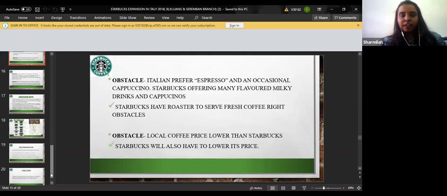So Starbucks has its roaster to serve fresh coffee, and as I explained in my previous slides, they are using these 40-second prepared drinks specifically to attract Italians. Next, as all of us know and as already mentioned by another presenter, Starbucks is more expensive than our normal local shops. So Starbucks has to lower its prices to make it affordable for everyone. Next slide.